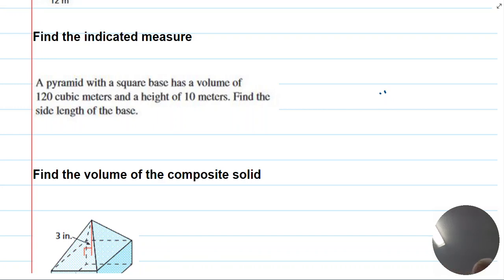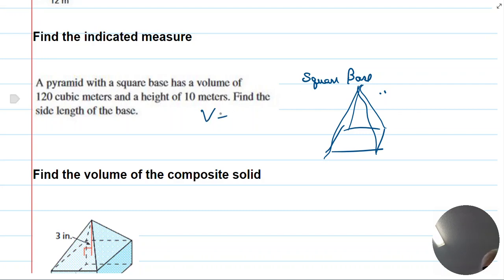All righty then. So on this one, it says a pyramid with a square base. So we got something like this. So we got a square base, and the volume equals 120 meters cubed, and the height is 10 meters.